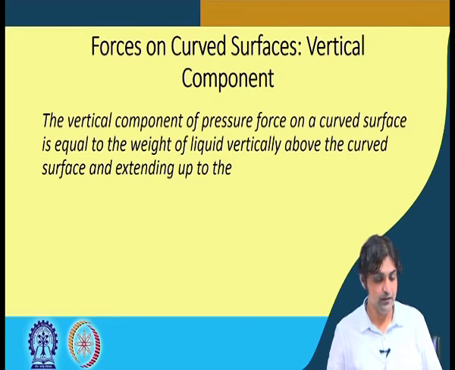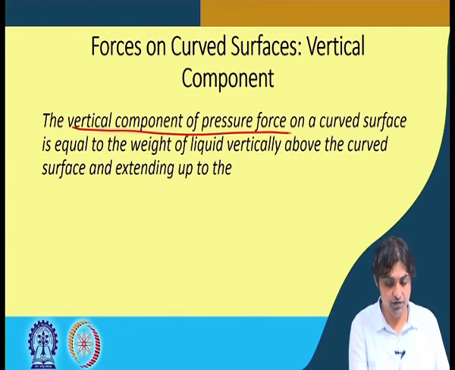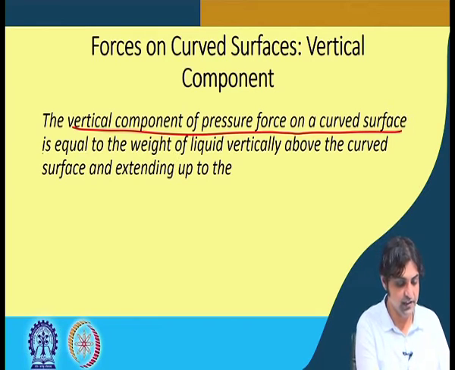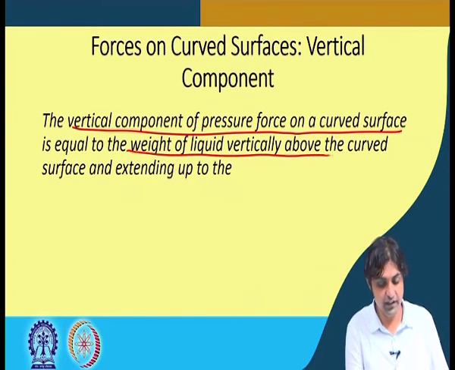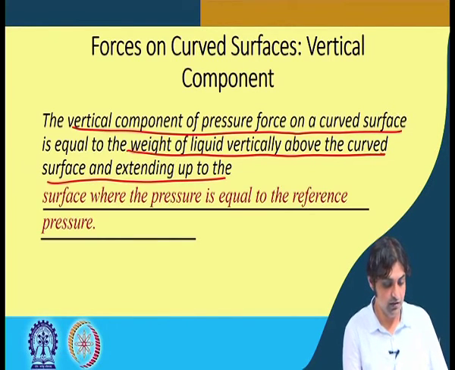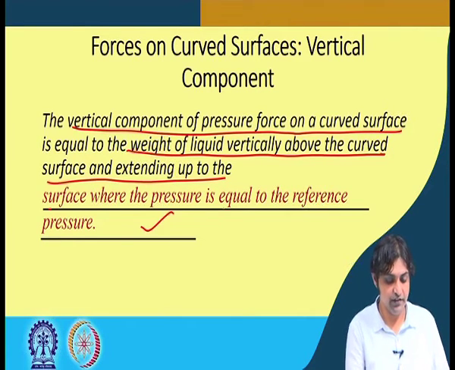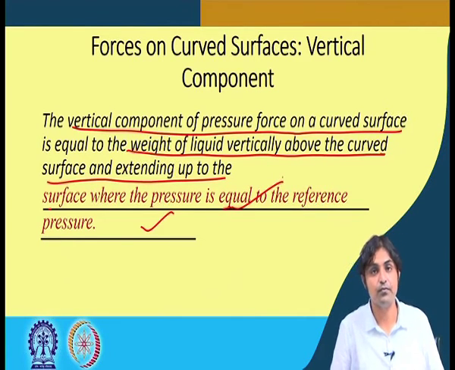Okay. So to sum up, the vertical component of the pressure force on a curved surface is equal to the weight of the liquid vertically above the curved surface and extending up to the surface where the pressure is equal to the reference pressure. This is the thumb rule.